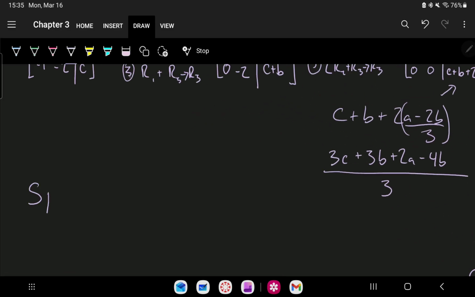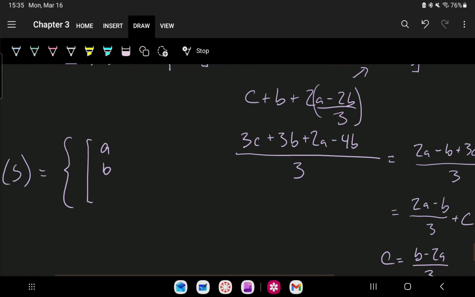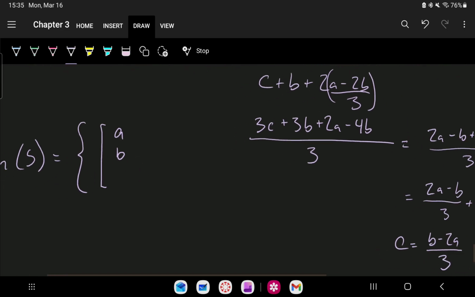So the span of S, in this case, a span is going to be a description, so we're just going to write the blueprint of what a vector in S must be in order to be within this space. So there's going to be A and B. The first two, they don't matter, they're A and they're B. But the third one needs to have a very specific form for this to work.